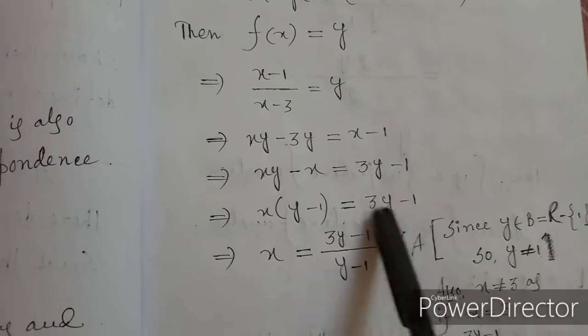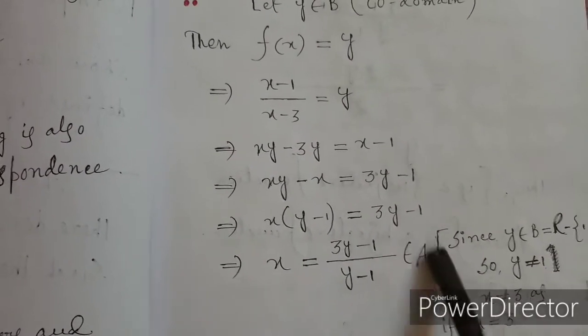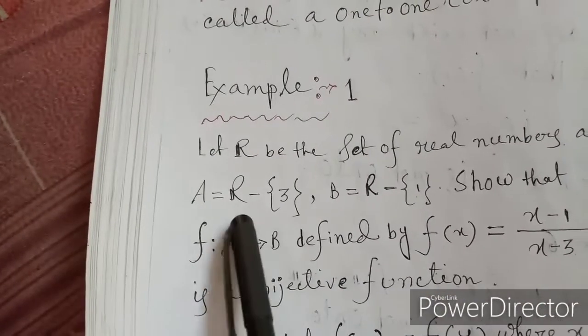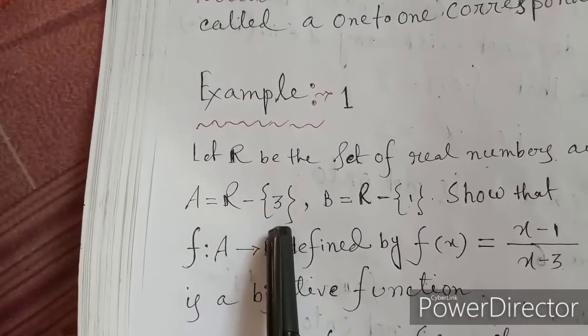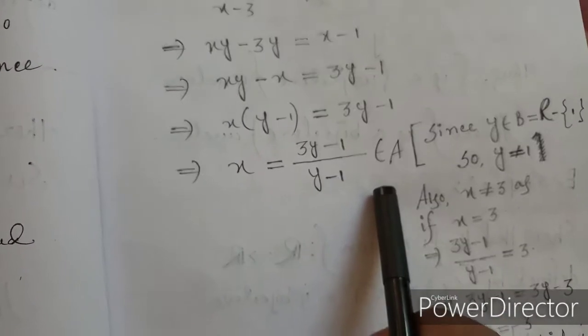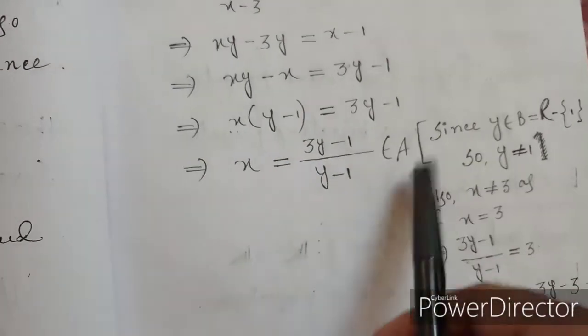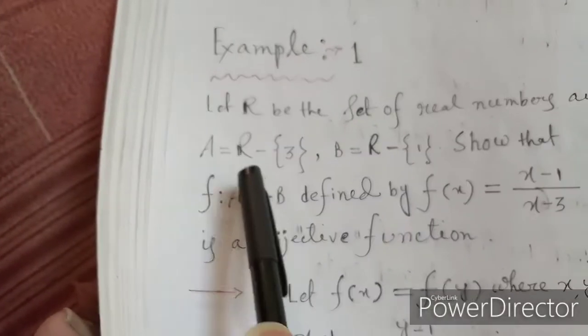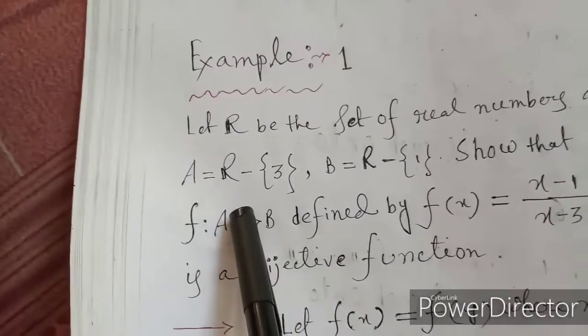And that also belongs to A, because what is your A here? R - {3}. Sure? That means x ≠ 3, because A = R - {3}, the set of all real numbers except 3.